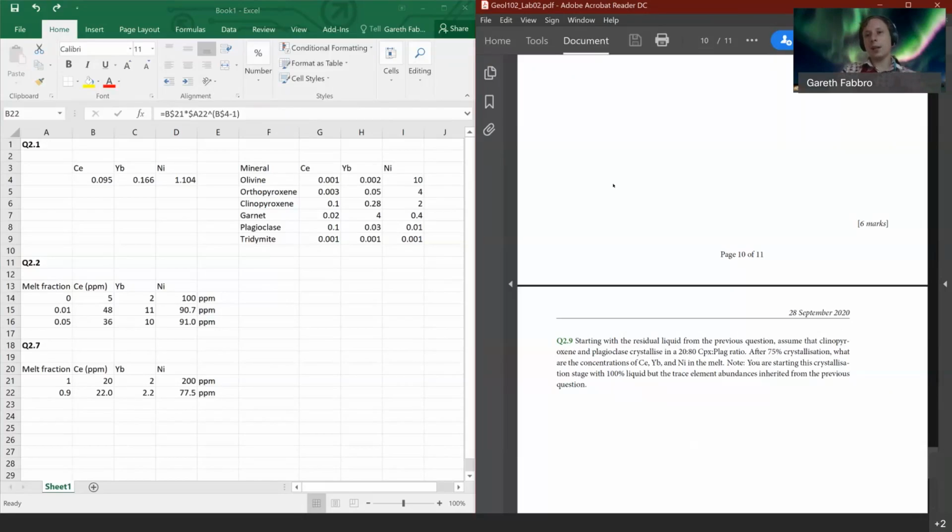You take that melt, assume that's 100% melt again, so a melt fraction of 1, and then you calculate everything from scratch, but with these different partition coefficients, because you have different minerals, and then you calculate 75% crystallization of the 50% melt before. So you start with 100% again, and then crystallize another 75%.